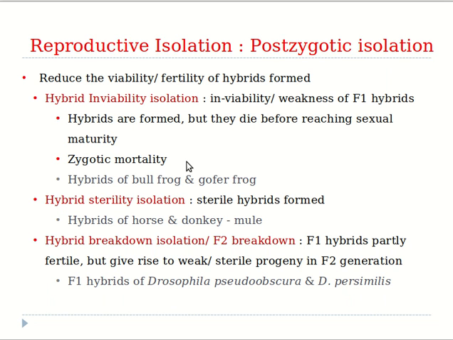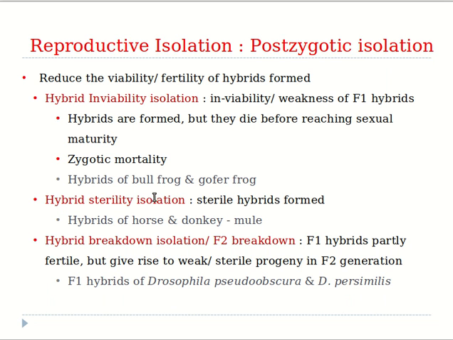The best example is from hybrids of bullfrog and gopher frog. They pass successively through early stages of development but die before reaching the tadpole stage. Even though these very rarely interbreed, interbreeding happens occasionally, but the hybrids do not reach the tadpole stage because of zygotic mortality isolation.